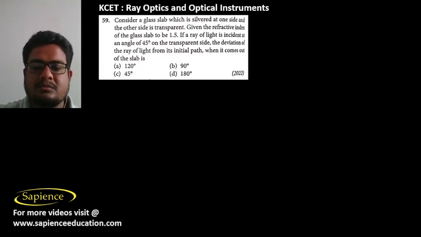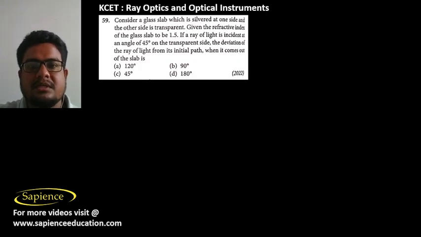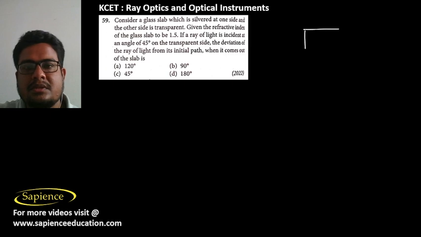Then question number 9 says, consider a glass slab. There is a glass slab which is silvered at one end, the other side is transparent. This part is silver.